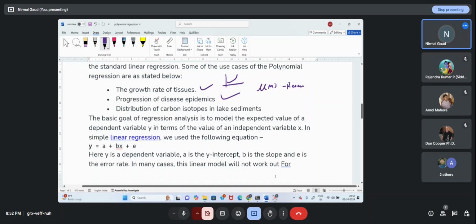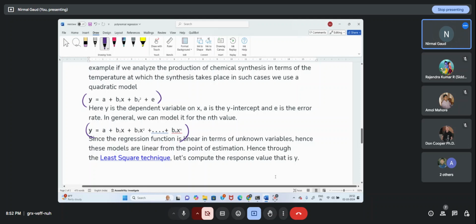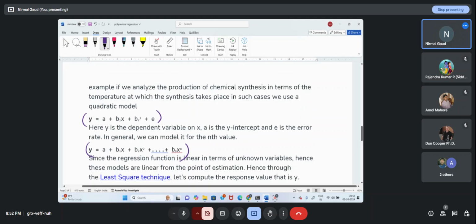So what exactly is happening here? For example, this is your equation. I believe that this is a linear equation. Why? A plus b1x, the degree of x is 1. B2 square and e are constants, and the degree of constants doesn't matter for the equation.